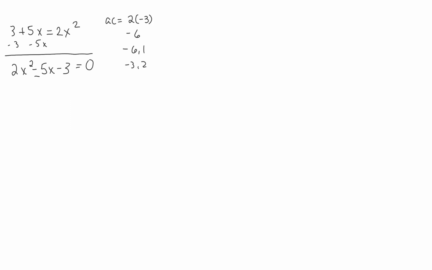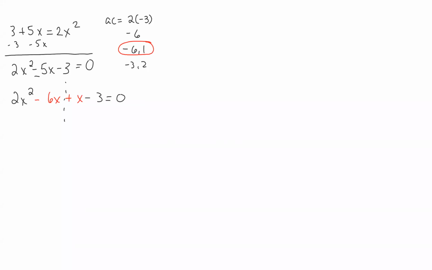So which pair of factors adds up to -5? Well, -6 and 1. So I'm going to rewrite this -5x as -6x plus 1x. So I get 2x squared minus 6x plus 1x. And then don't forget your minus 3 equals 0.